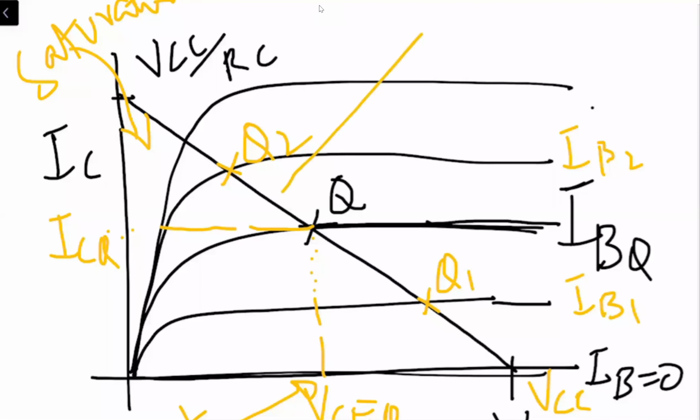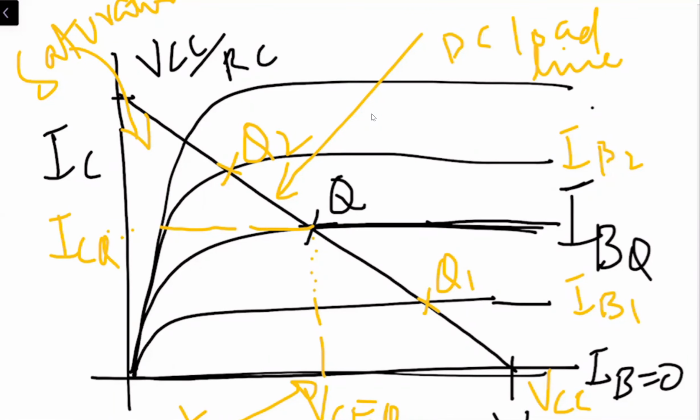Because on this, the Q point can vary from the saturation region into the linear region, and from the linear region it can go into the cutoff region.